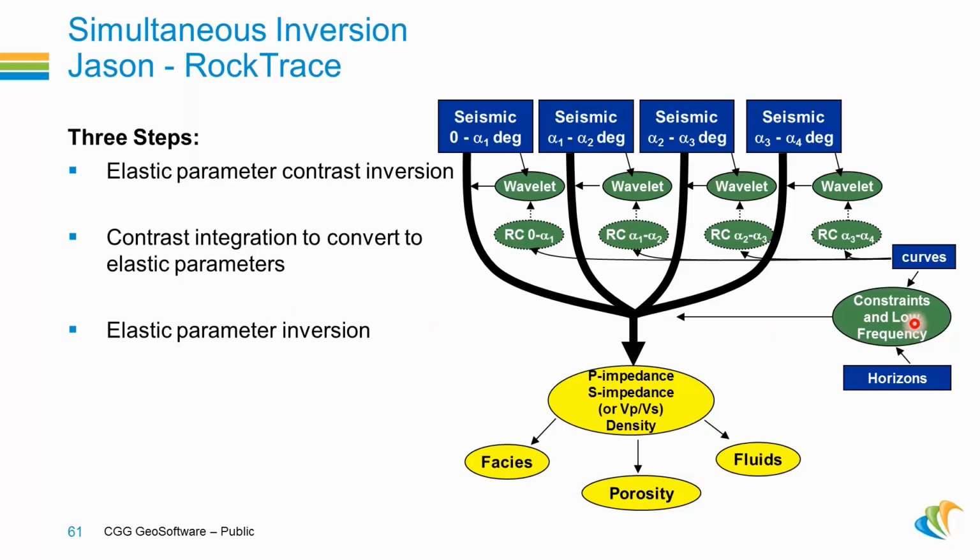The elastic parameters are then estimated afterward in the inversion. We will use low frequencies and also constraints. Low frequency adds the missing part which is not available in the seismic data, and also acts as a constraint. Then you can get P impedance, S impedance, and density, or VP/VS. Using those parameters, you can relate them to facies, porosity, or fluids.